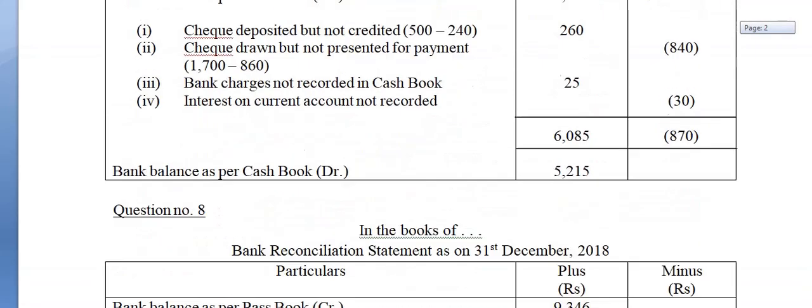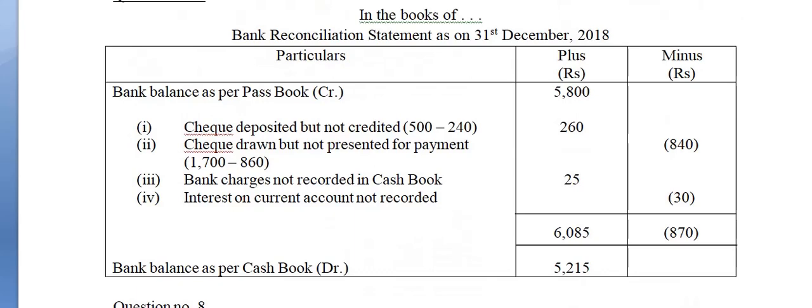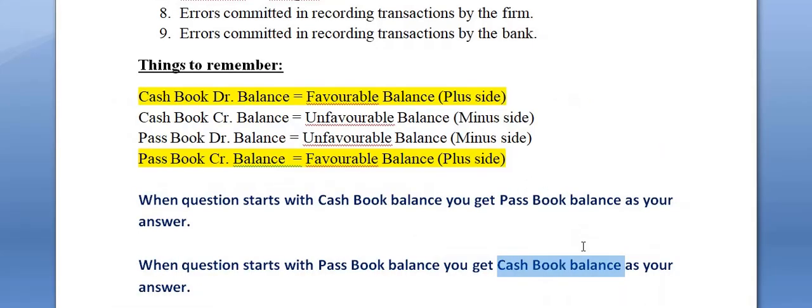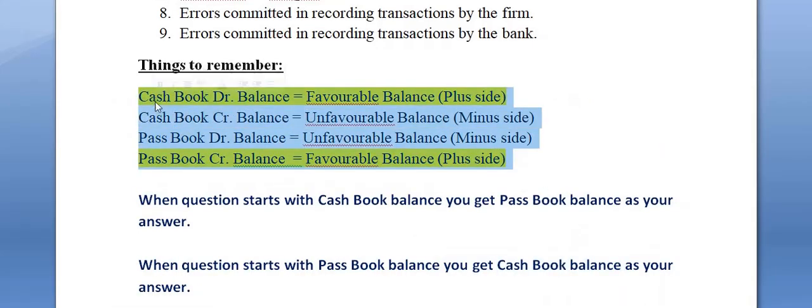Let me show you another one. See, if your question is starting with passbook balance, then your answer will be cash book balance. Positive and negative is a different thing; that is the plus side and the minus side. You must remember this.